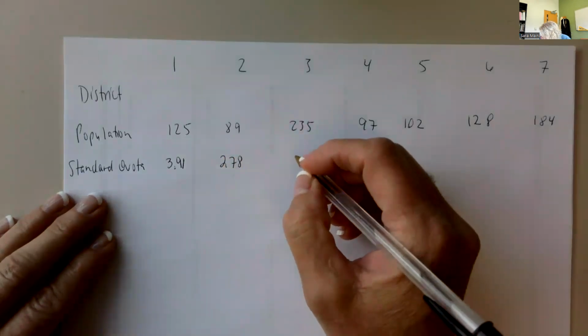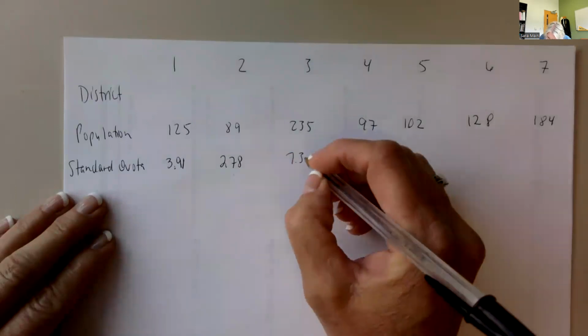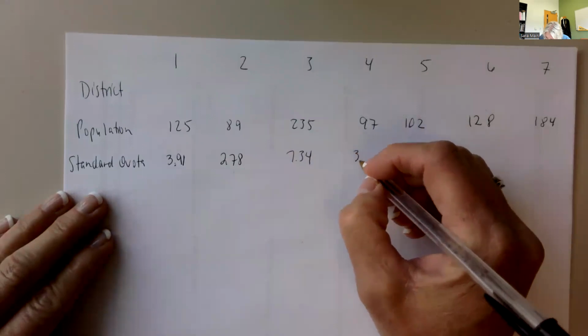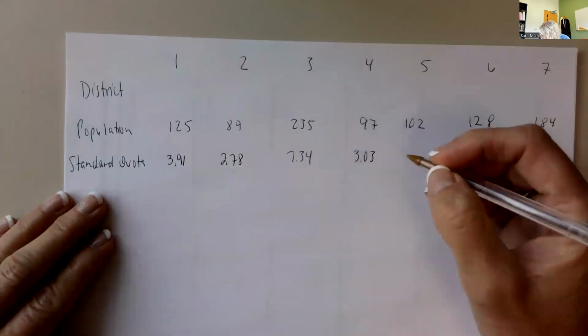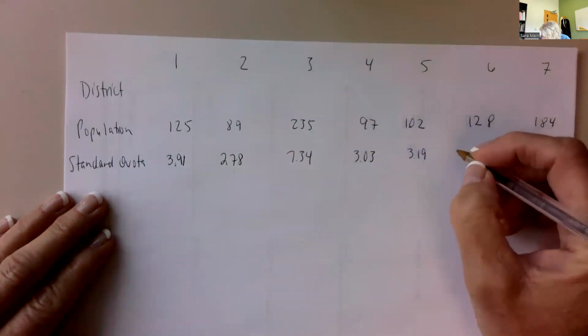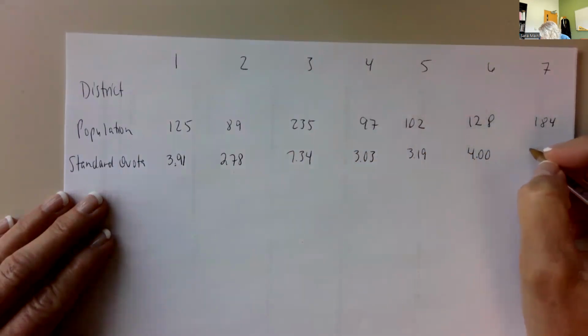For district 3, we get 7.34. They're the biggest district. District 4 is 3.03. District 5 is 3.19. District 6 is 4.0 even. And district 7 is 5.75.